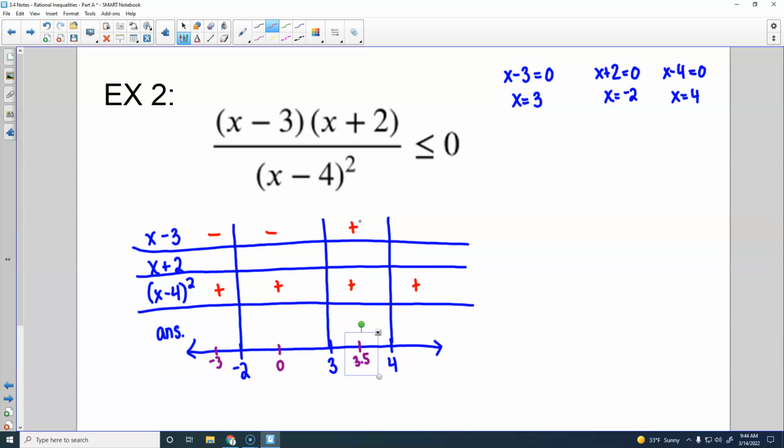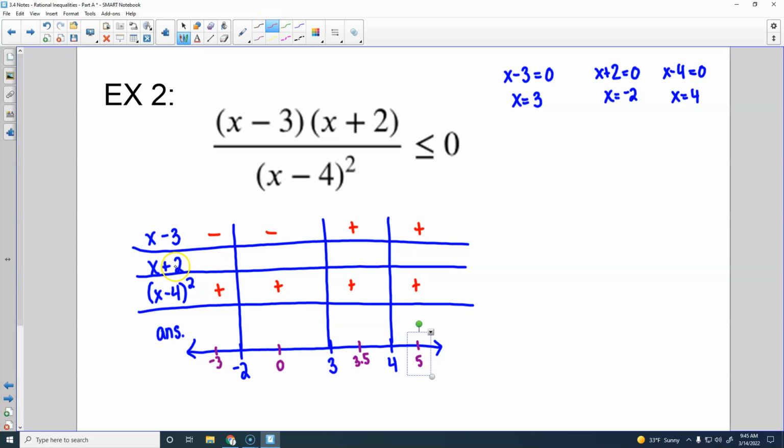So if I plug in, for example, 5, 5 minus 3 would also be positive. You will notice that here I've got x minus 3, and it changes signs at 3. It's not always negative to positive, although if it's written like this, it's usually negative to positive. If it was like 3 minus x, it would be positive to negative. So I get that line.